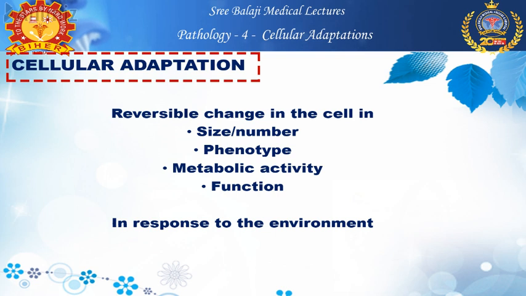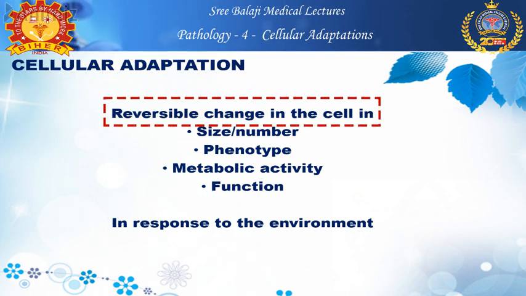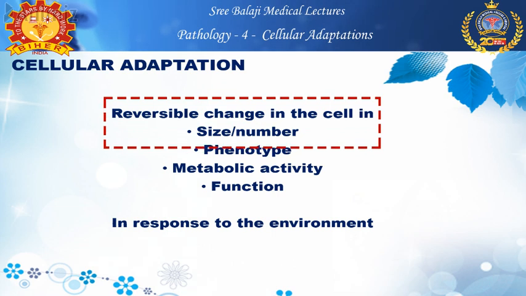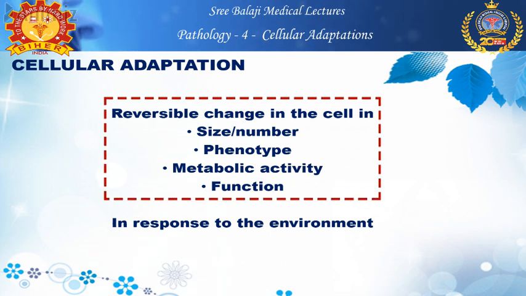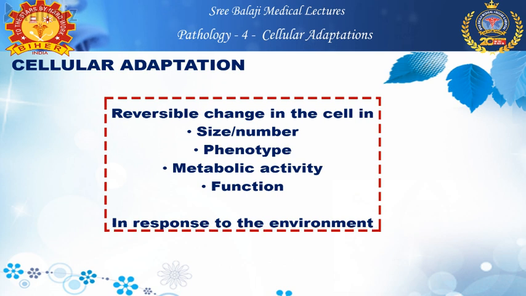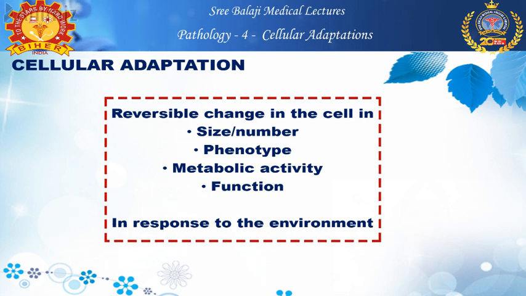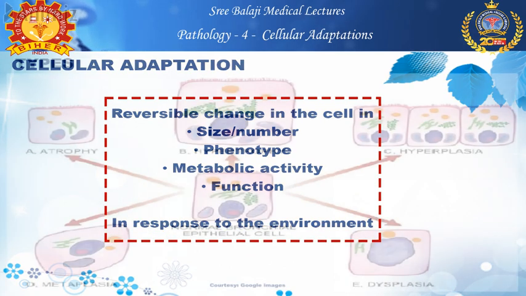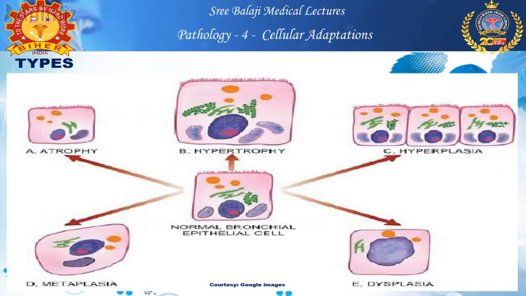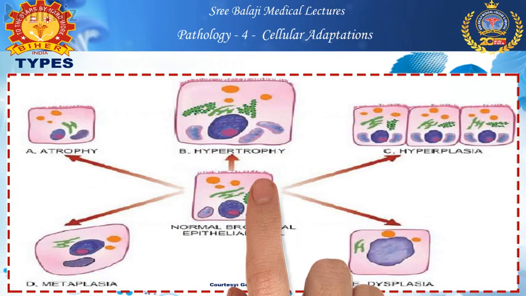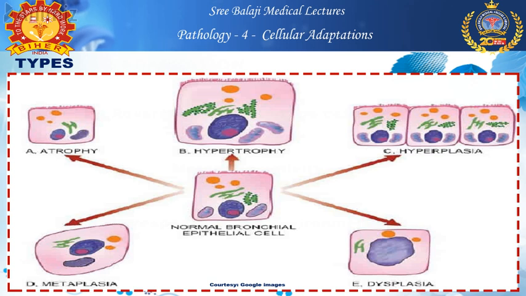So, cellular adaptations. Cellular adaptations are reversible changes in the cell in size, number, phenotype, metabolic activity, and function in response to the environment. This is a picture which depicts the adaptations.